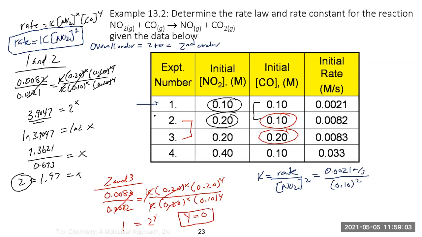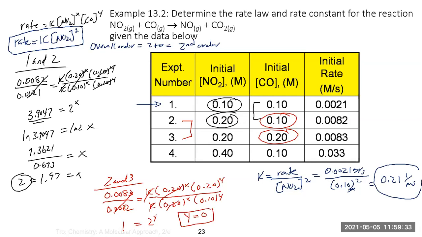So we will end up with 0.0021 divided by 0.1 squared, going to give us a rate constant of 0.21. By the way, the units are molarity on the bottom, one of them, and molarity on top will cancel, leaving us 1 over molar seconds, which is typically what we find for second order, 2 sets of units.